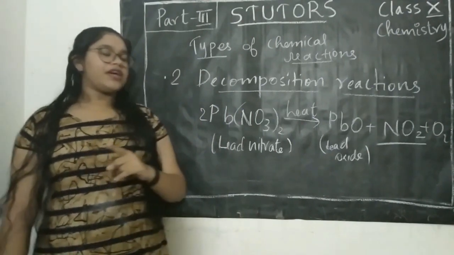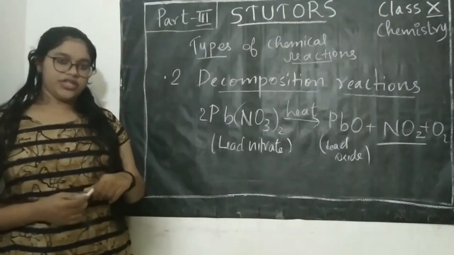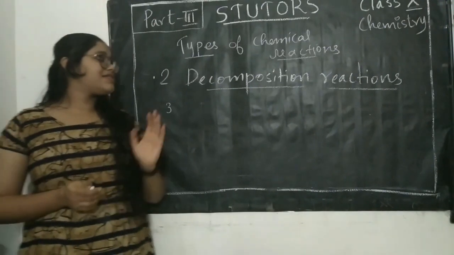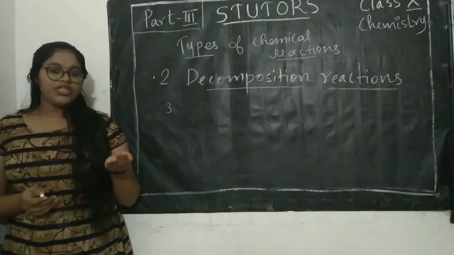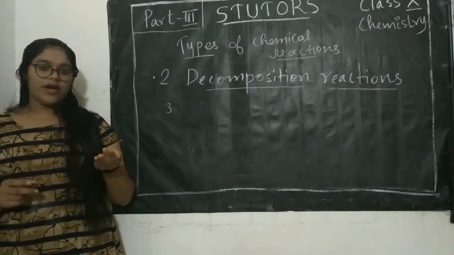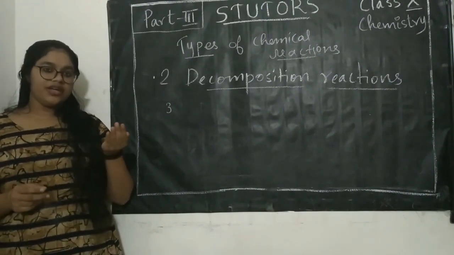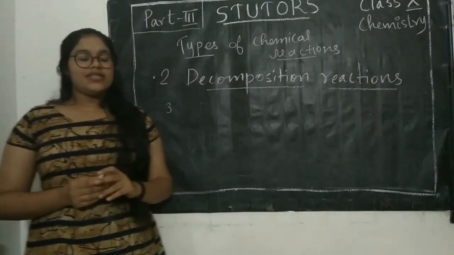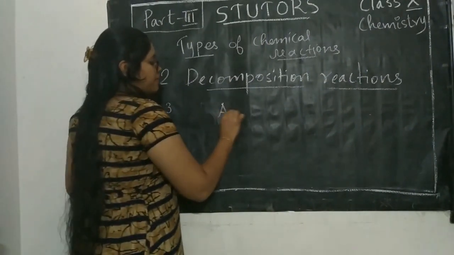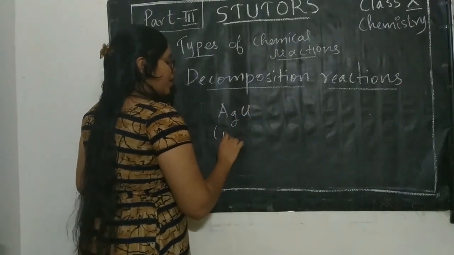Now we have one more activity to discuss in the decomposition reaction. Here, take a china dish and add some amount of silver chloride. Then place this china dish in sunlight.